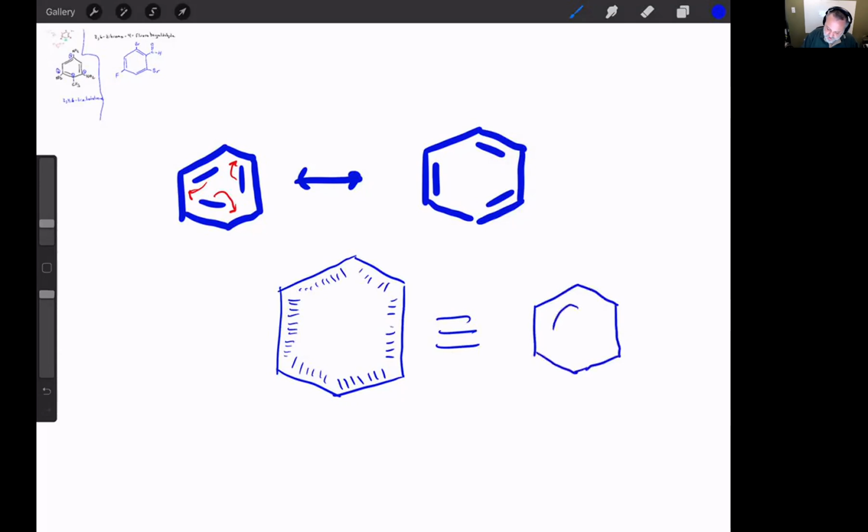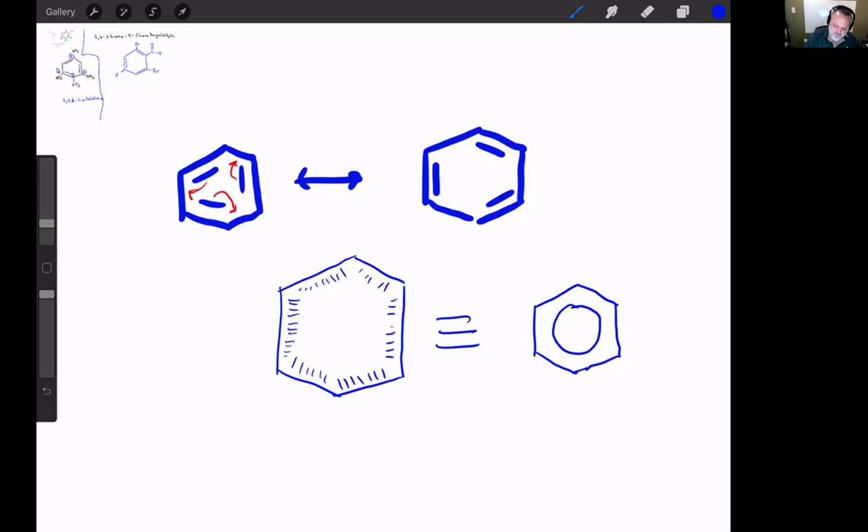And oftentimes, you'll see this drawn as a representation of benzene. The reason we do that is because it's nice and easy. It's quick to draw a little circle to show the resonance, to give you an idea that this is the resonance hybrid of benzene.